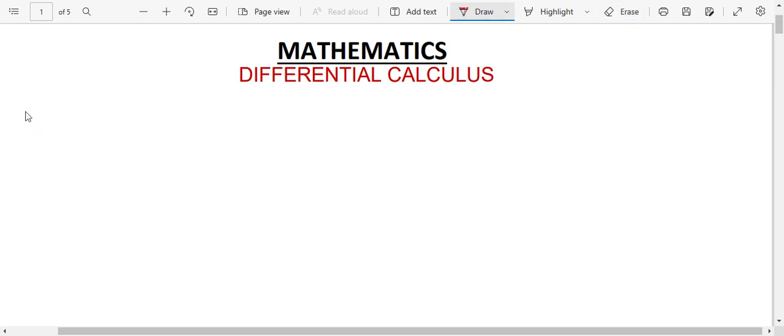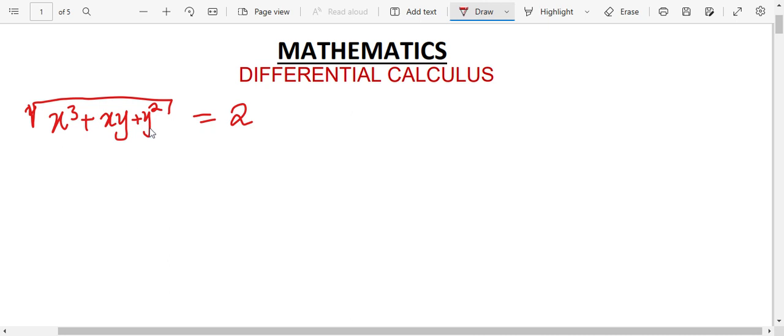So let's say we have the square root of x cubed plus xy plus y squared is equal to 2. You want to differentiate.